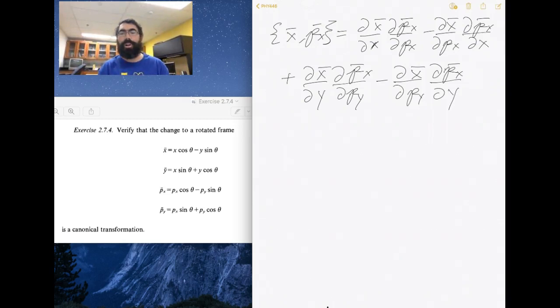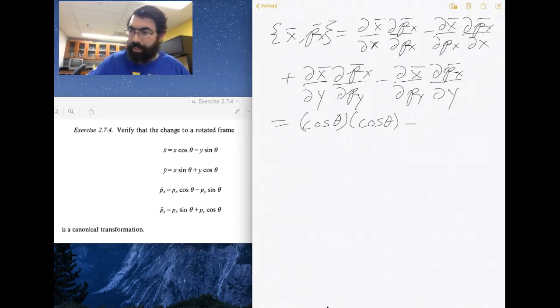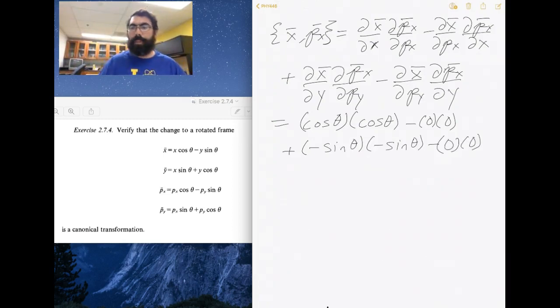So we have all of the things worked out now, and if we go through the derivatives, we get cosine theta times cosine theta minus 0 times 0 plus negative sine theta times negative sine theta minus 0 times 0, and that's cosine squared theta plus sine squared theta, and everybody should know that trig identity is 1.